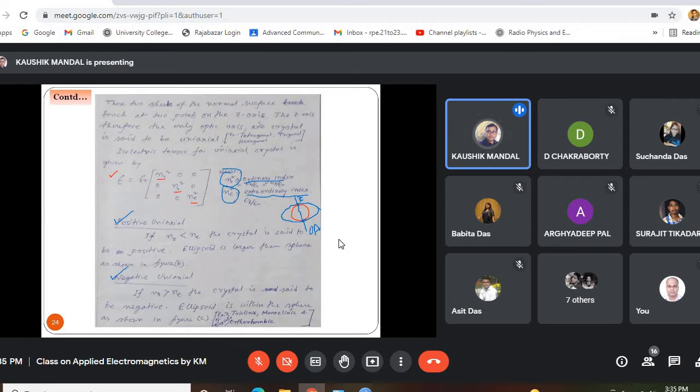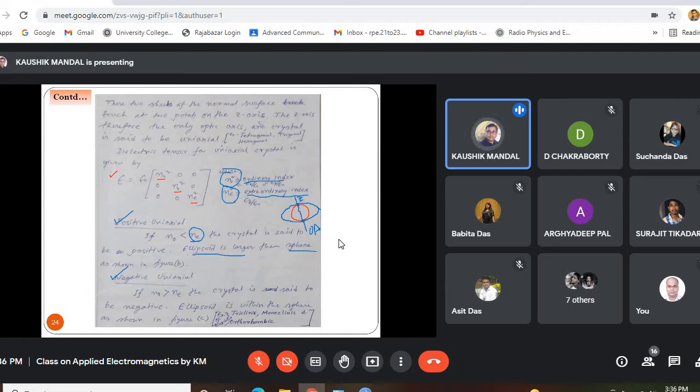Positive uniaxial crystal means the extraordinary index will be higher than the ordinary index. That means the ellipsoid, particularly this is the case of positive uniaxial crystal. In that case, Ne is greater than No. That means the ellipsoid of the corresponding normal surface is larger than the sphere.